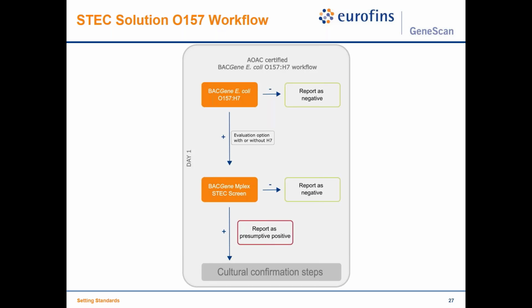So this is something also depending on the country, if it is required or not. The second step is then a confirmation PCR using the STX screen assay. If this is negative, then you can report it as a negative. If you have both of these PCRs positive, this would be a presumptive positive and going into the cultural confirmation.